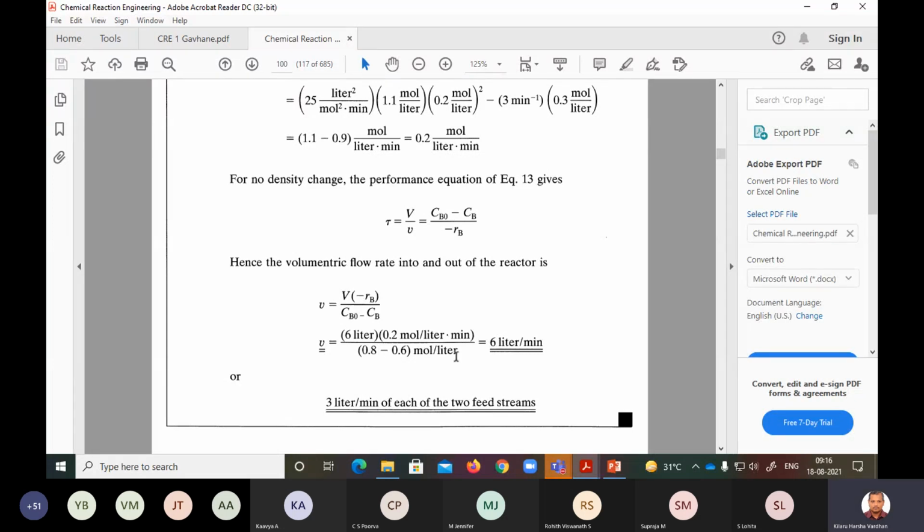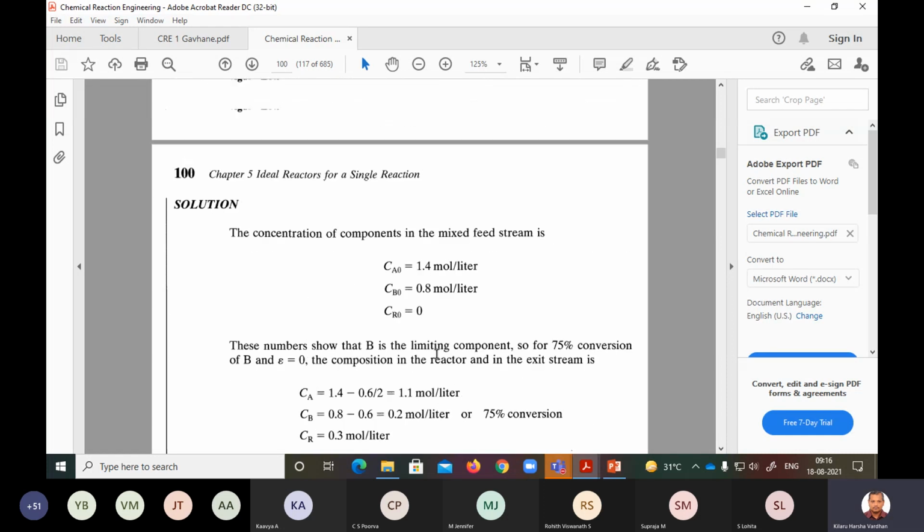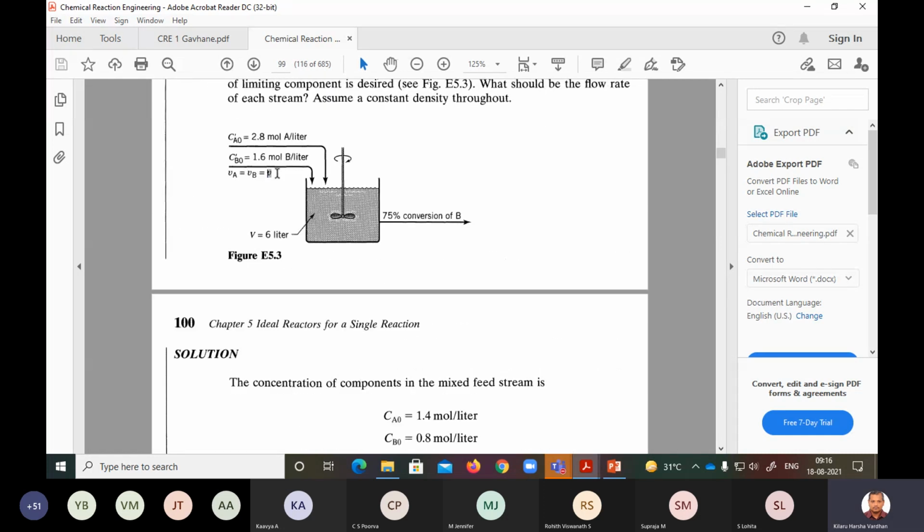If you substitute all in the same units, V in liters, RB and CB naught also in liters, then you are left with 6 liters per minute. So the volumetric flow rate is 6 liters per minute, but actually this is the total volumetric flow rate.